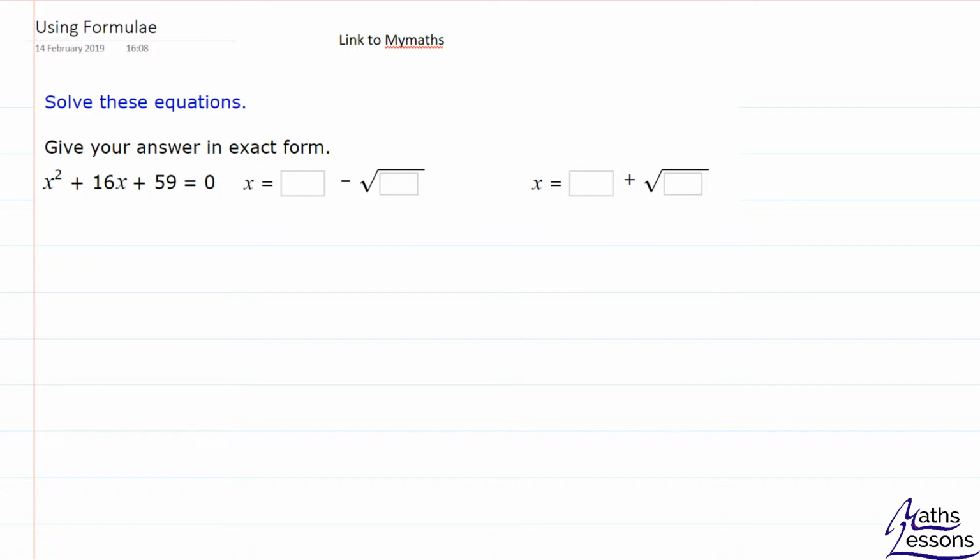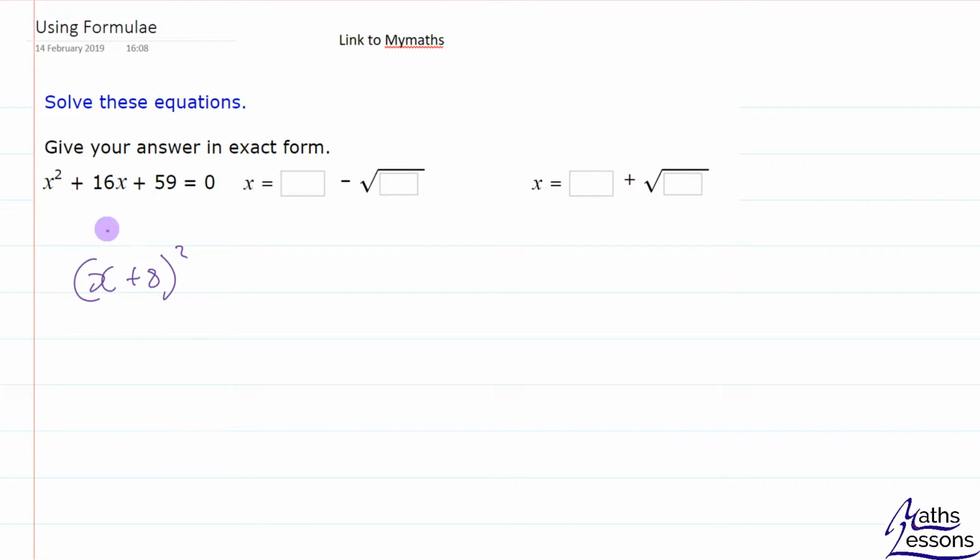Right, some of you will have non-calculator papers to do this question, so you need to be able to do it in a non-calculator way. I would recommend using the completing the square method. So if we write this in completing square form, we halve that value to get x plus 8, and square it.